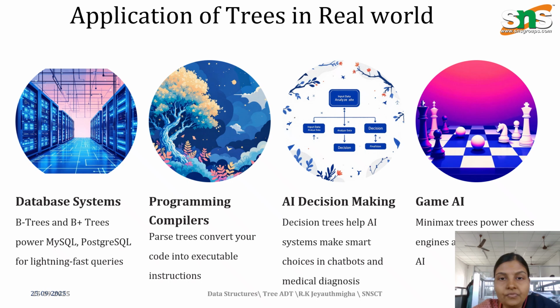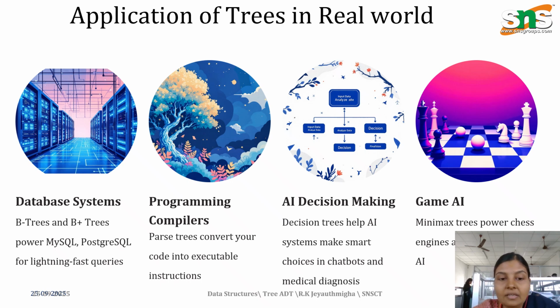The applications of trees in the real world are database systems, programming compilers, AI decision making, game AI, etc. Let's detail it. In database systems, B trees and B plus trees power MySQL and PostgreSQL for lightning fast queries.